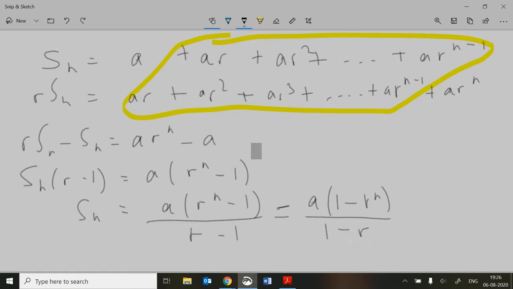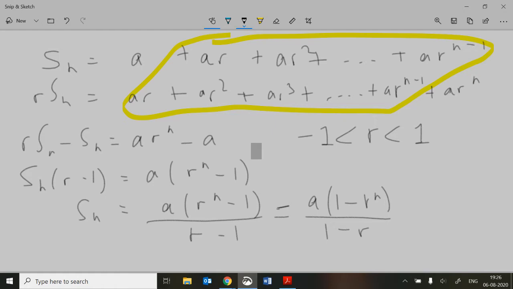So there you go. One thing to say about this, we will deal with a sum to infinity at some point. In the sum to infinity formula, this will disappear, in the cases when r is between minus 1 and 1. So say, for example, if I took 0.5 to the power of infinity, it becomes infinitely small. A half of a half of a half becomes small very quickly after infinite steps.